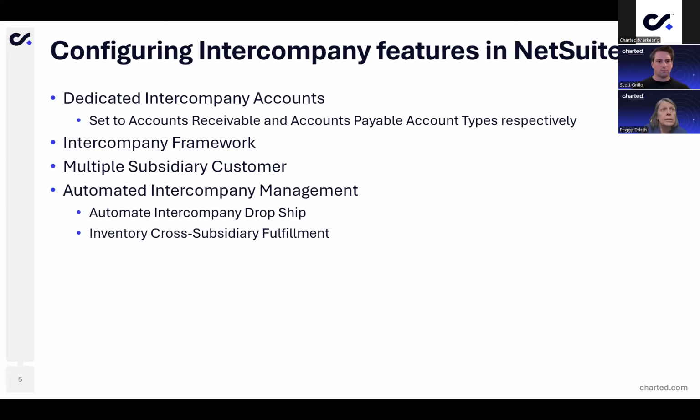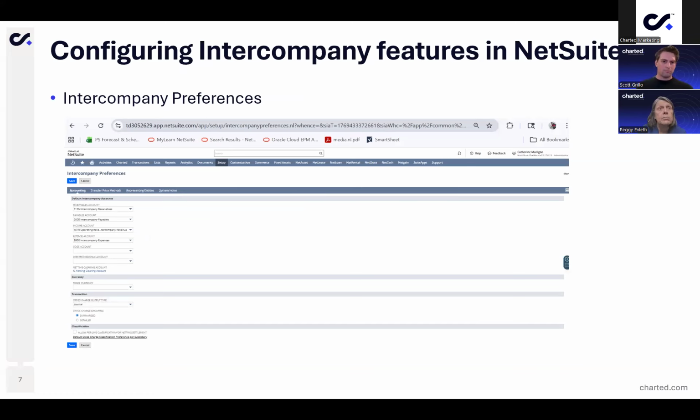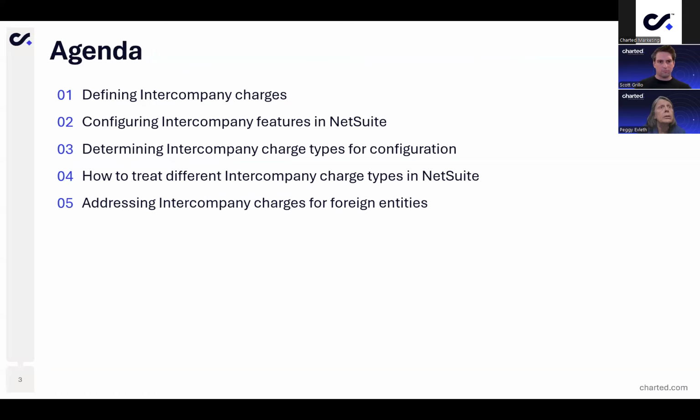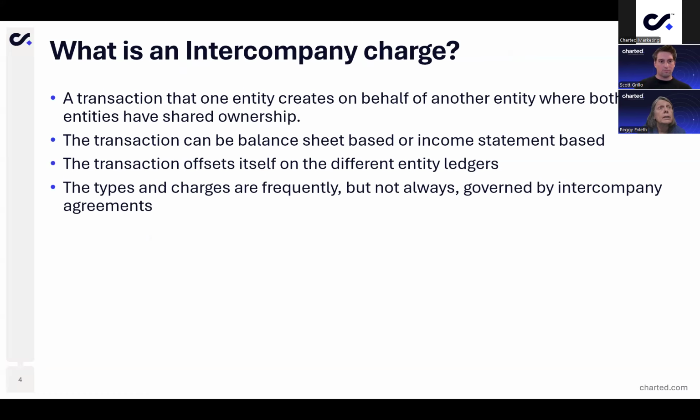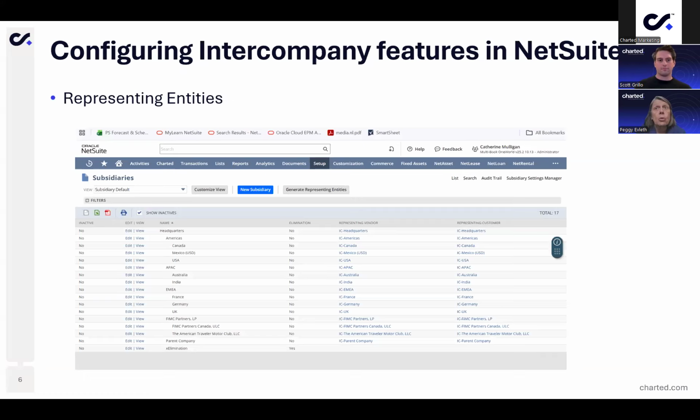So here, this is a little bit of a small slide, and sorry about that. So I'll go through a little bit. It's a little hard to see. But what you have here is what it looks like when I have created these representing entities. So here, headquarters, their vendor ID is IC headquarters and their customer ID is IC headquarters.